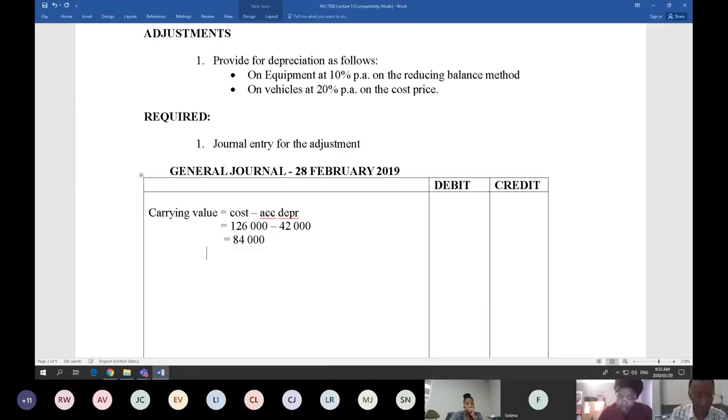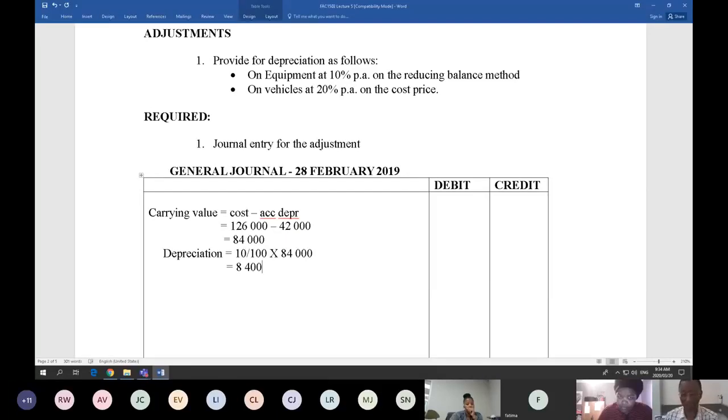Now you must take 10%. Your depreciation rate is 10%. So if you want to calculate the depreciation, it will be equal to 10%, 10 divided by 100 times the 84,000, which is the carrying value, and that will give you a depreciation expense of 8,400 Rand.